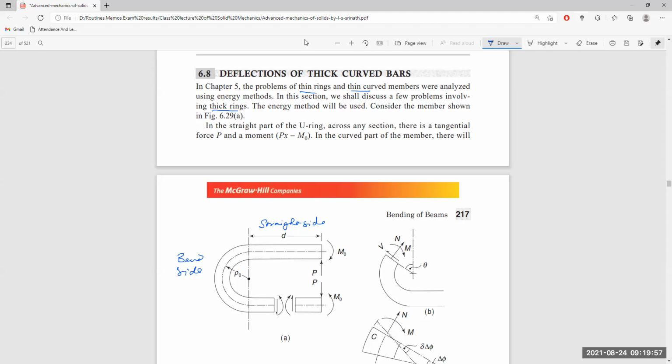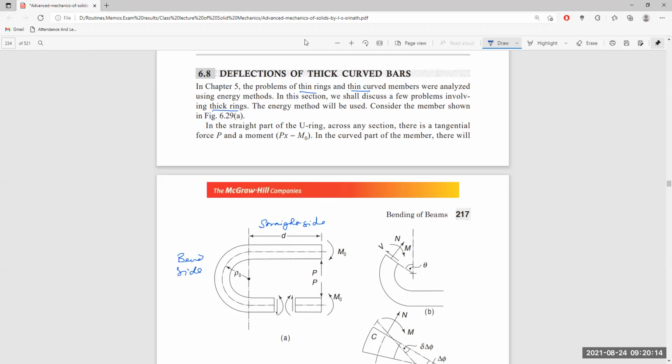If we consider the left portion and right portion of this section, we have external force P and external bending moment M0. P is acting downwards and the external bending moment is acting in the anti-clockwise direction. Our bending moment M is acting in the clockwise direction and the shear force is acting opposite to P, that is, in the upward direction.